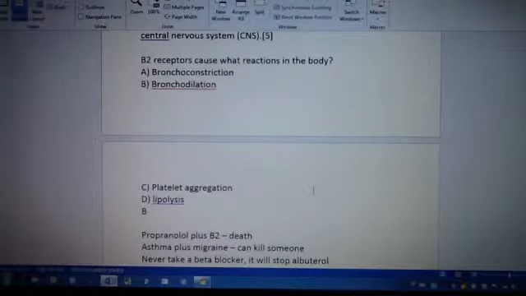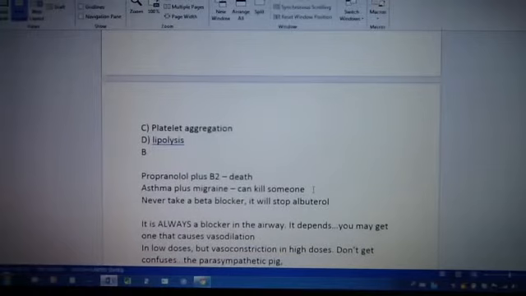So this question needs to be talking more about whether it's an antagonist or agonist. But basically, you should know that if you're giving propranolol to somebody who has a migraine and asthma, you could kill them. If you're trying to control it with a beta blocker, you better be careful.